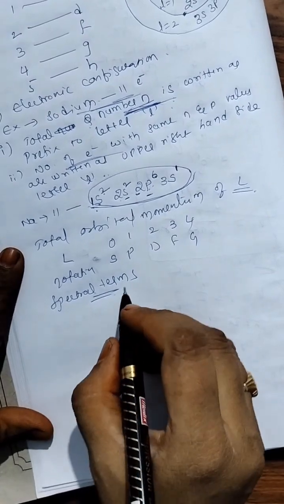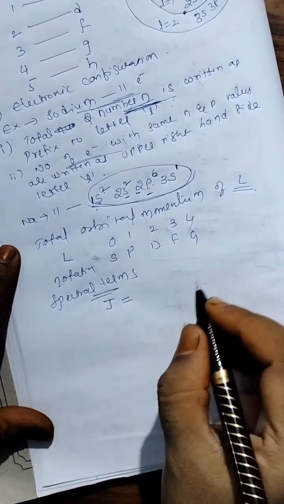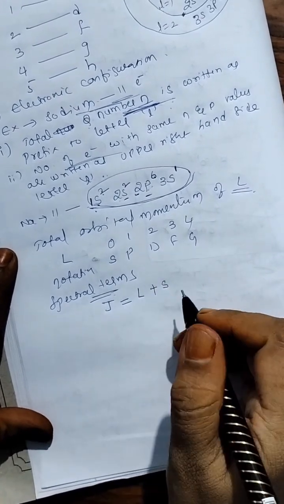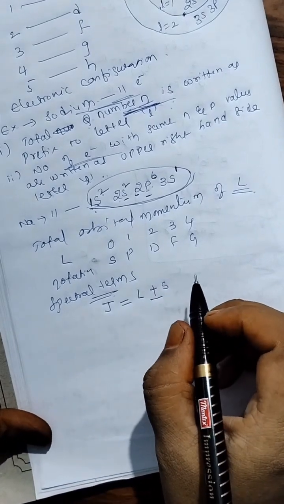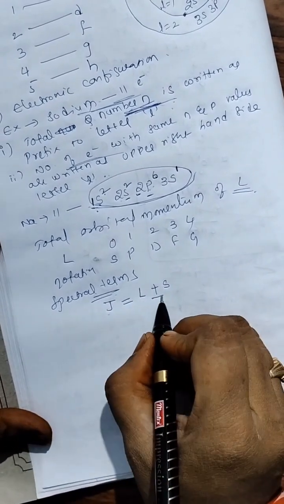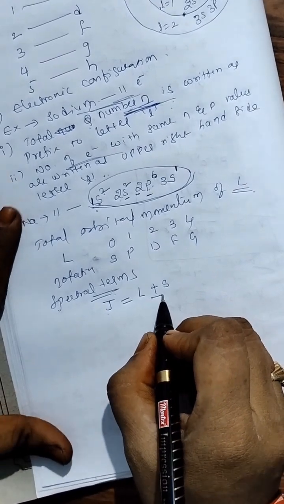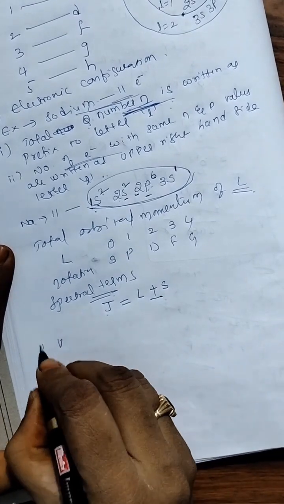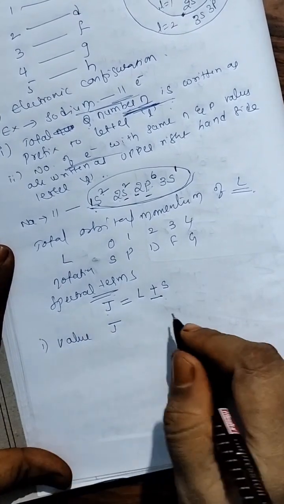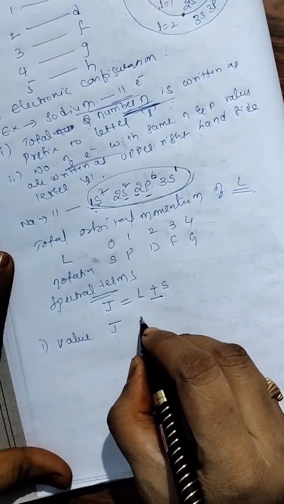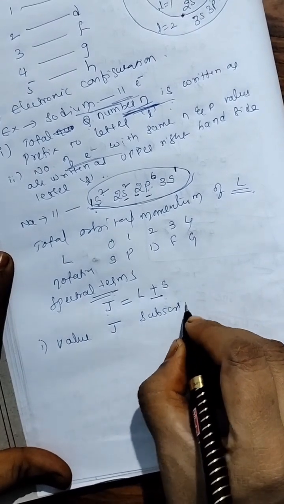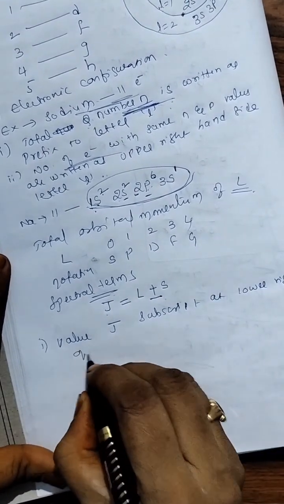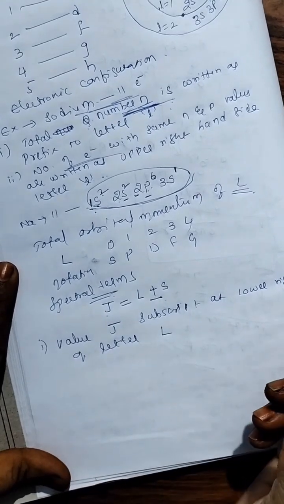First, the value of the total angular momentum quantum number, what I said, is the combination of L and S: L plus or minus S gives the total angular momentum. Now the first point: the value of the total angular momentum J is written as a subscript at the lower right of the letter representing the L value.